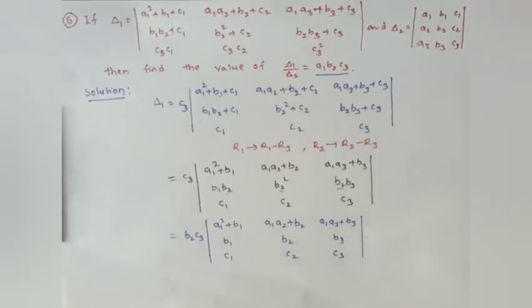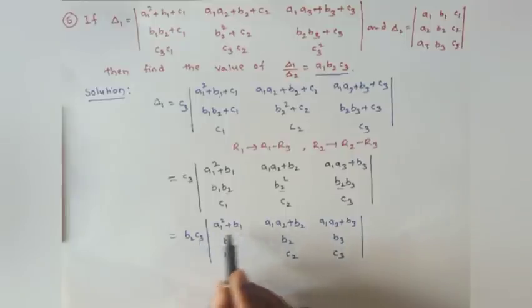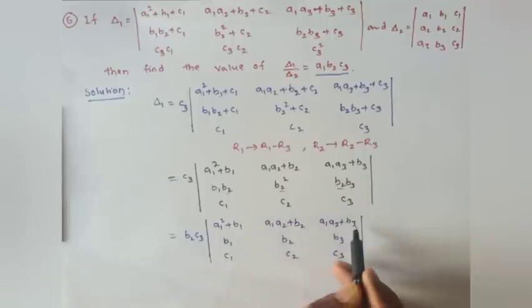Right, now in the same way, you need to simplify this first row. The first row contains B1 B2 B3 elements, and the second row is B1 B2 B3.